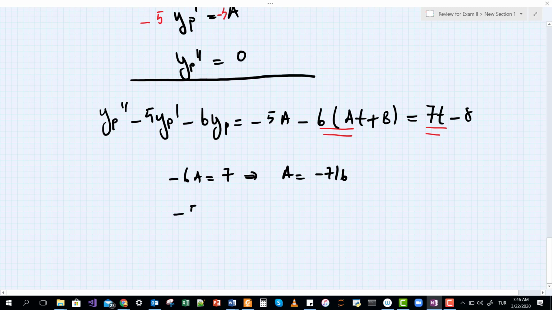Also, the rest of the terms will be equal to the constant term there, and then b is going to be equal to (-8 + 5a) over -6. If I calculate this one, what would happen? So 5a is -35 over 6.